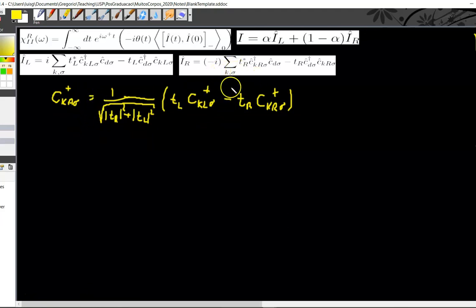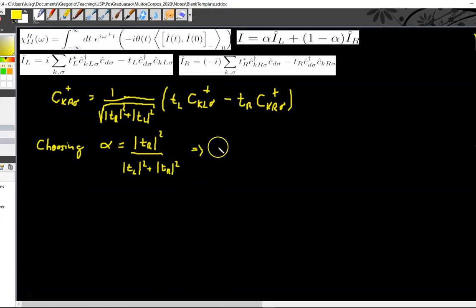Because if I choose my alpha as the expected value of T_R divided by T_L squared plus T_R squared — notice this alpha can be any number — if I choose alpha this way, that leads me to the current being written in this form.